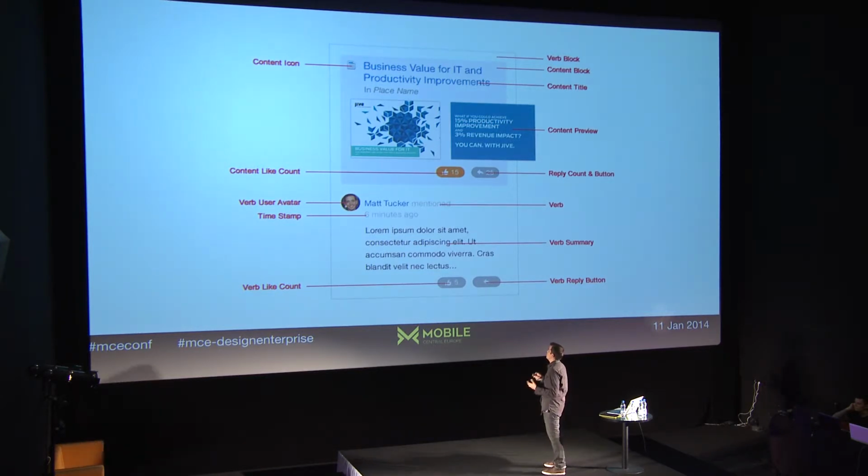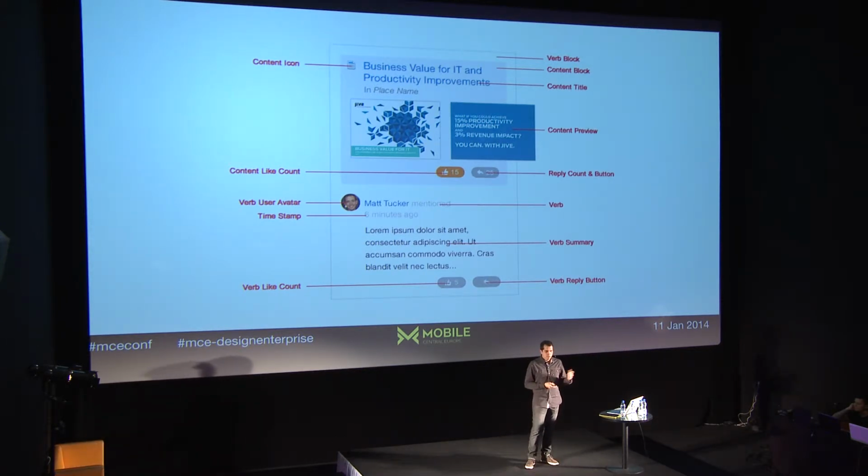So when I say, oh, can you make the content preview in the content block a little larger, they know exactly what I'm talking about. Or we need the font on the verb a different color. There's a common language between development and design.